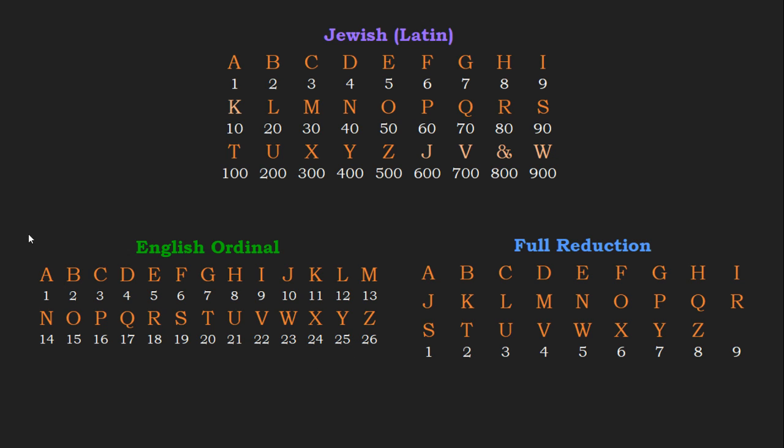In English, the two ciphers that we'll be focusing on are the most basic. The first one is called English Ordinal, which simply numbers each letter 1 through 26 relative to its position in the alphabet. And then the full reduction method, which uses the rules of numerology to reduce each double-digit number to a single digit. This is also called Pythagorean Gematria. And you'll see this cipher is only numbered 1 through 9.